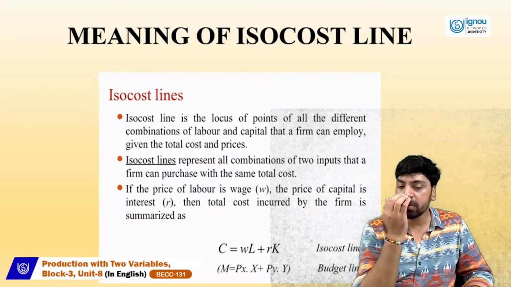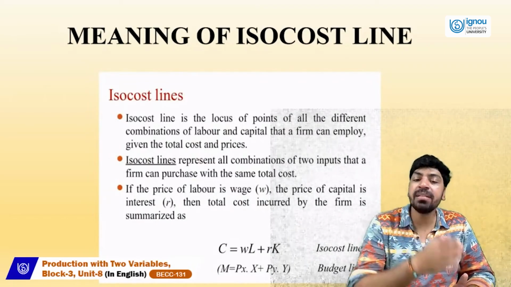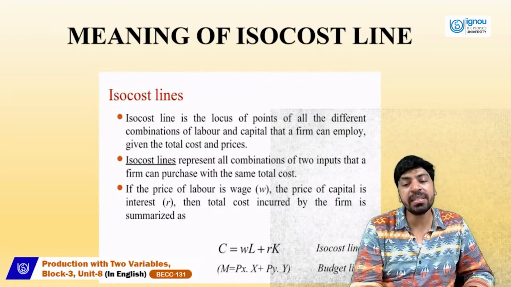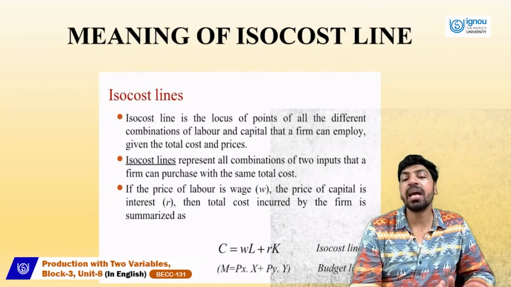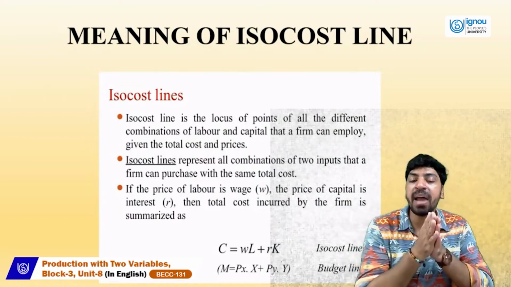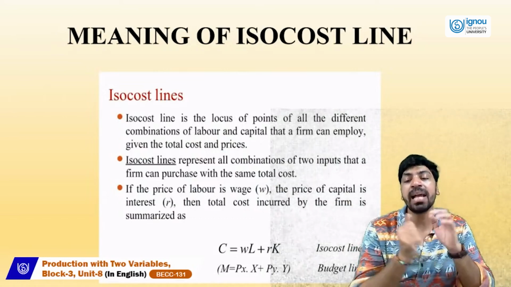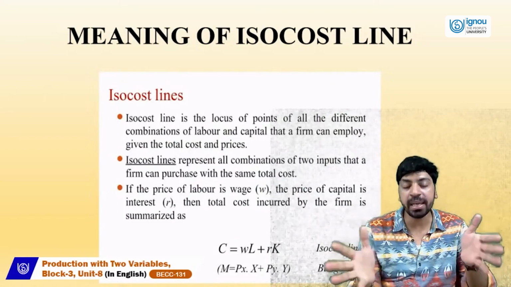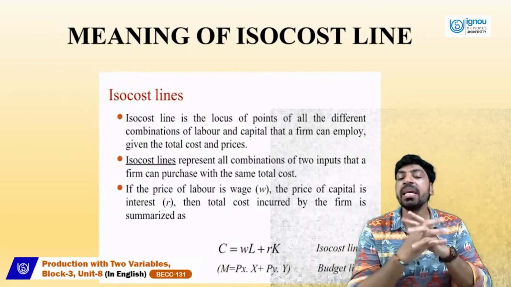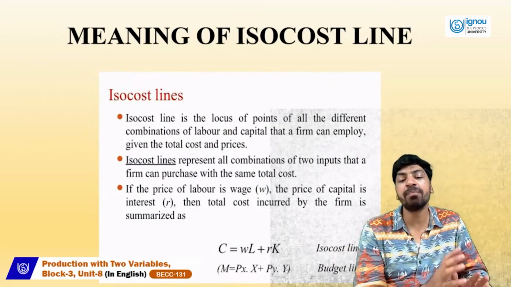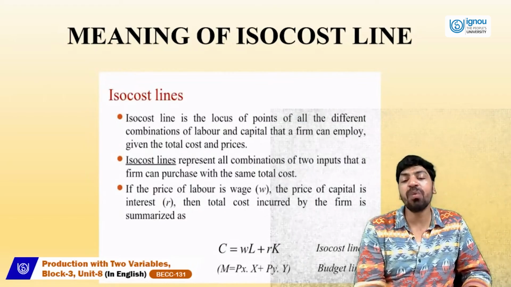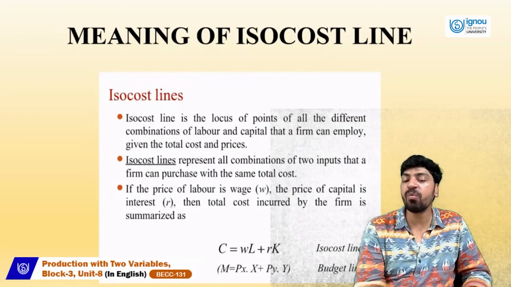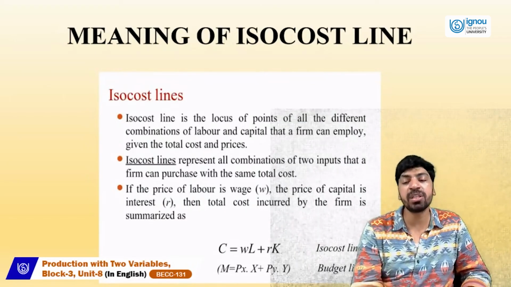When we talk about the budget line, we combine the prices of x and y with the income. Symbolically, M, the budget, is equal to Px into x plus Py into y, and that stands for the budget line.